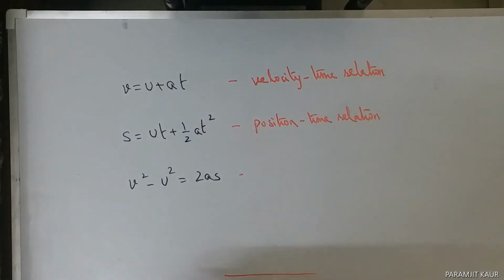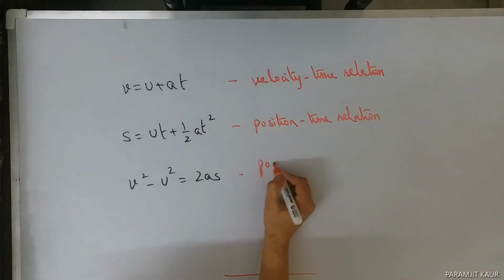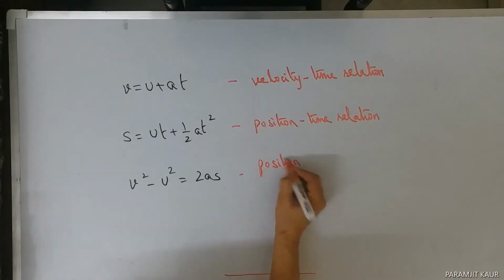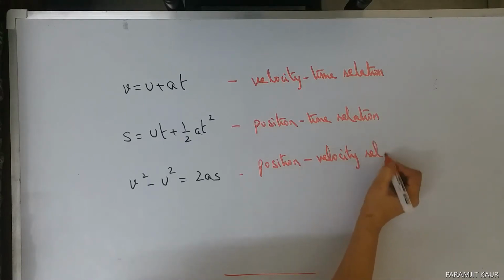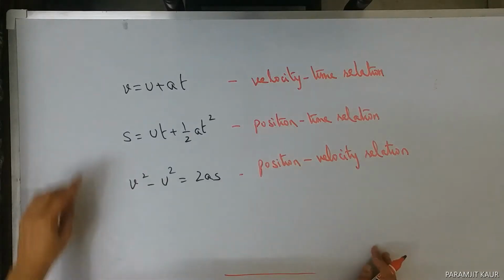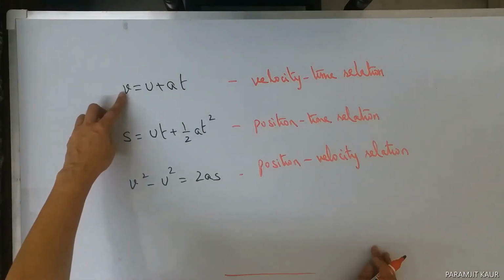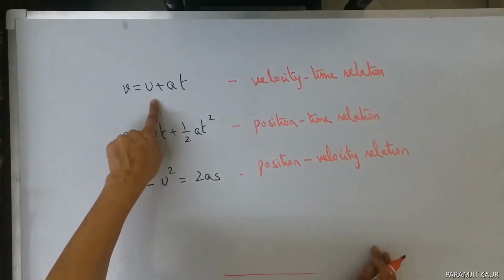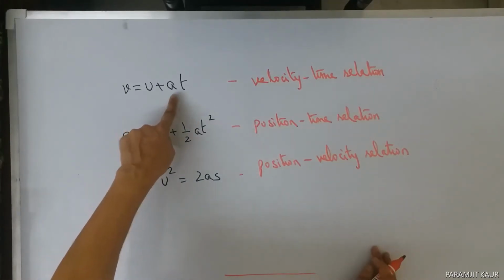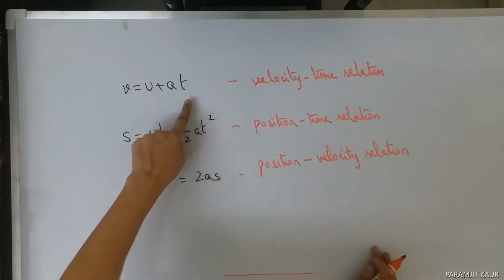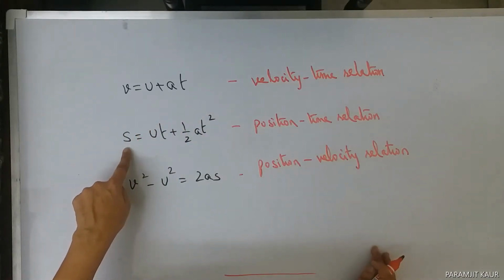And the third equation is called the position velocity relation. Now in these three equations, V stands for final velocity, U initial velocity, A acceleration, T time, and S is the displacement or distance.